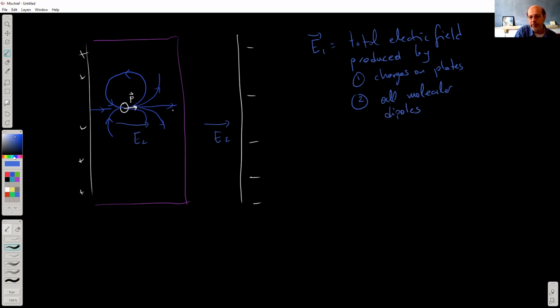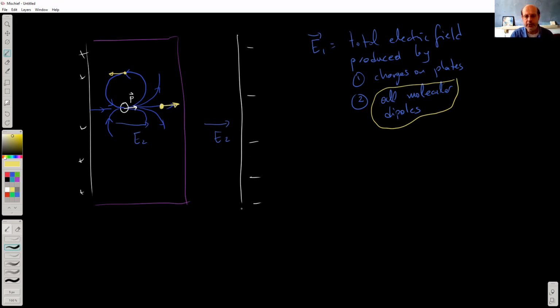Unfortunately, each molecule produces an electric field in different directions. So for example, at this point, I'm going to show this with a yellow color, sorry about this. At this point, for example, this dipole creates an electric field which is parallel to the dipole moment. But at that point, it produces an electric field which is opposite to it. So as a result, mathematically, this problem is very complicated, just computing this sum of the electric fields produced by all of these molecular dipoles. This is difficult, okay?